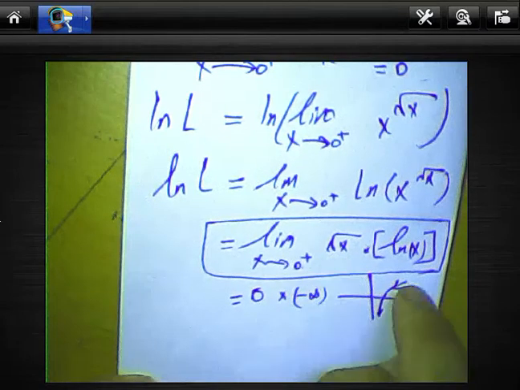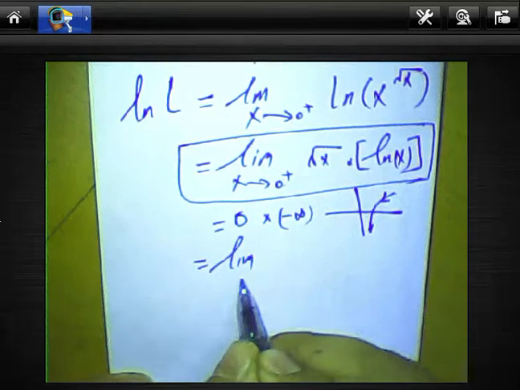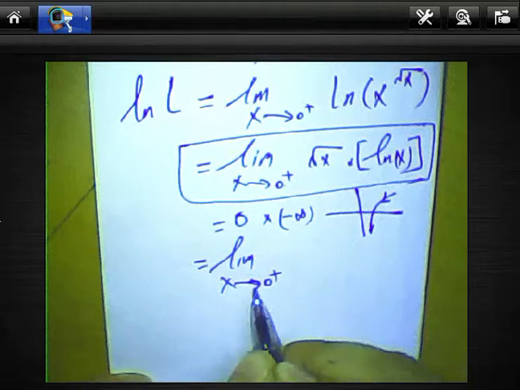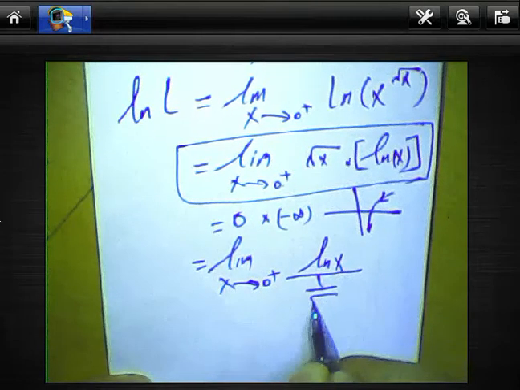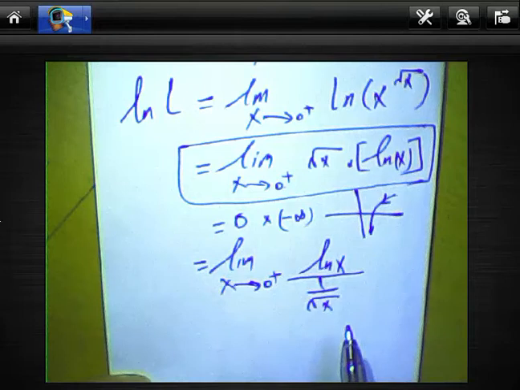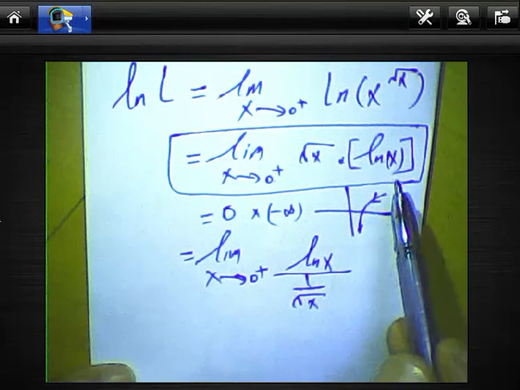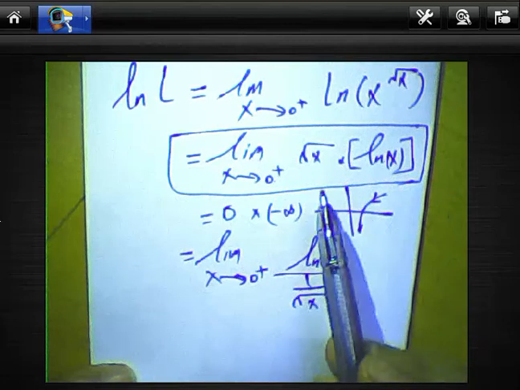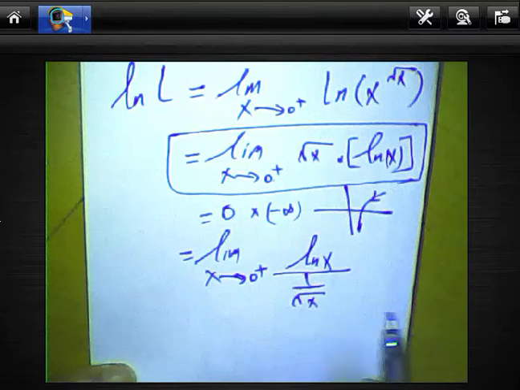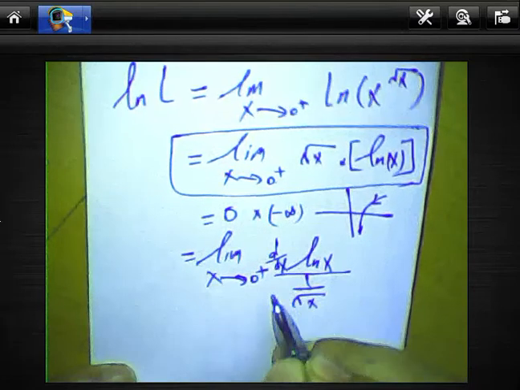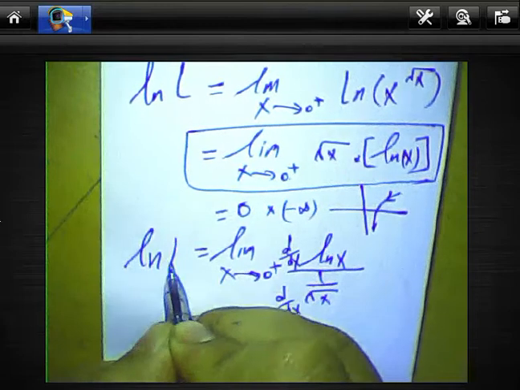We can convert this limit, x approaching 0 positive, and write ln of x over 1 over root of x. Or you can use the first multiplied by the derivative of the second plus the second multiplied by the derivative of the first, as you like. But if you do this property, it is very easy to find the derivative of the numerator and denominator and use the rule of limits. Don't forget ln L.